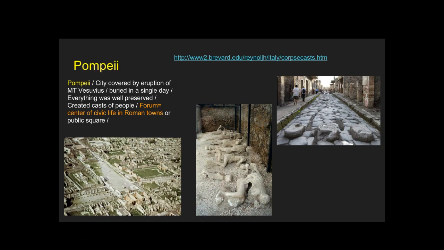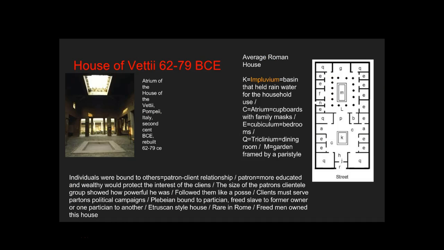So a lot of the people died not because of the lava, but because the hot ash came down and basically baked them from the inside out. It was incredible. Okay. Well, again, we'll talk more about this stuff.